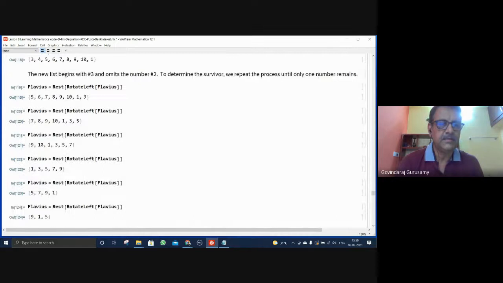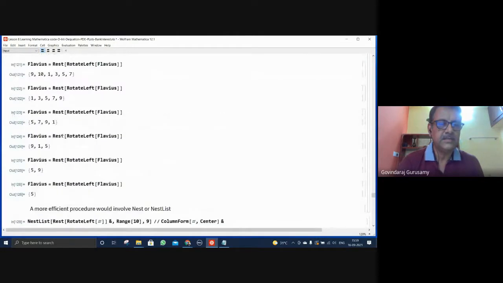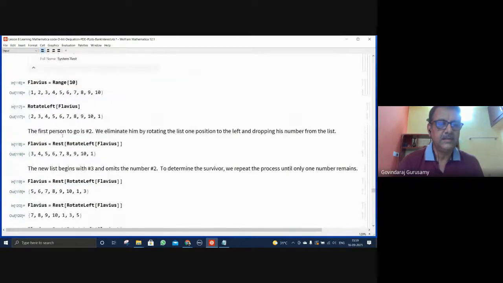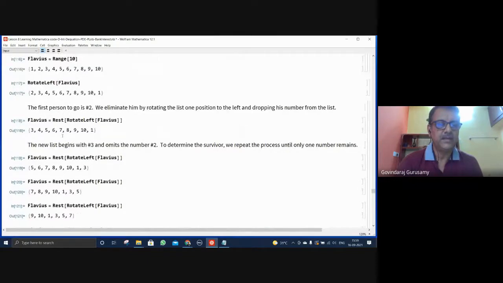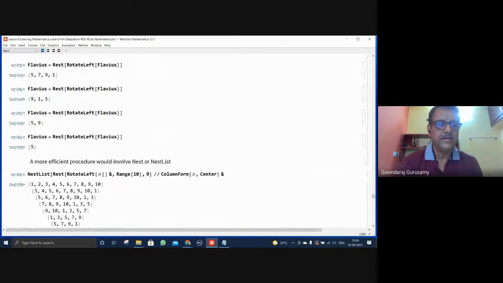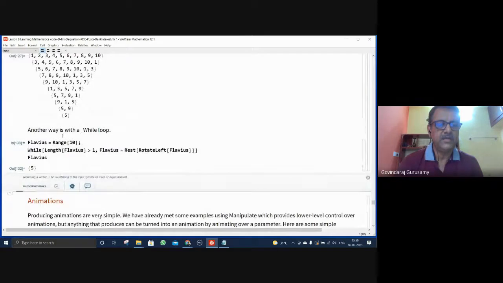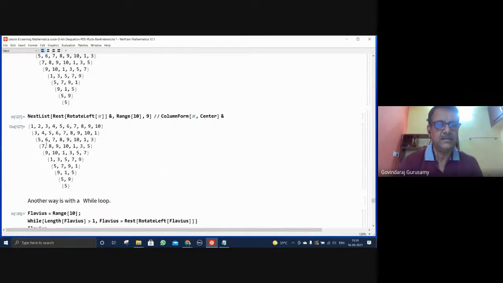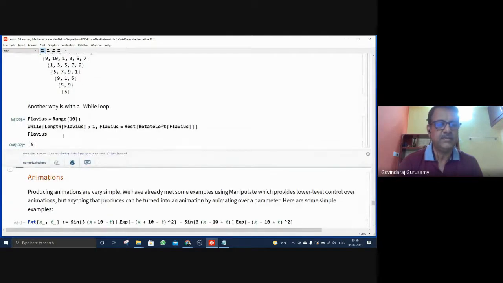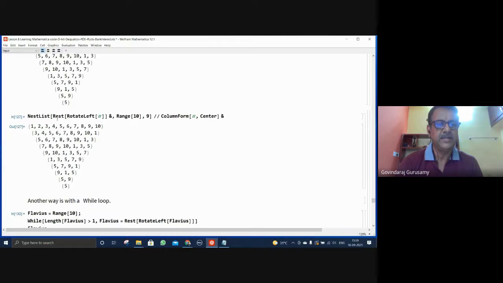And you see the amount of Mathematica code that should be written has come down to a single line here. If you put it in a loop form, at the end what you have is something you are seeing, but here we are able to see the intermediate steps, what process is going on.